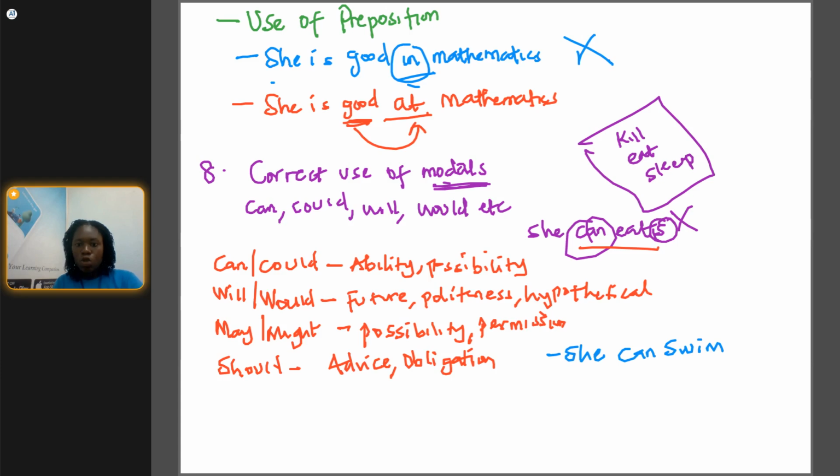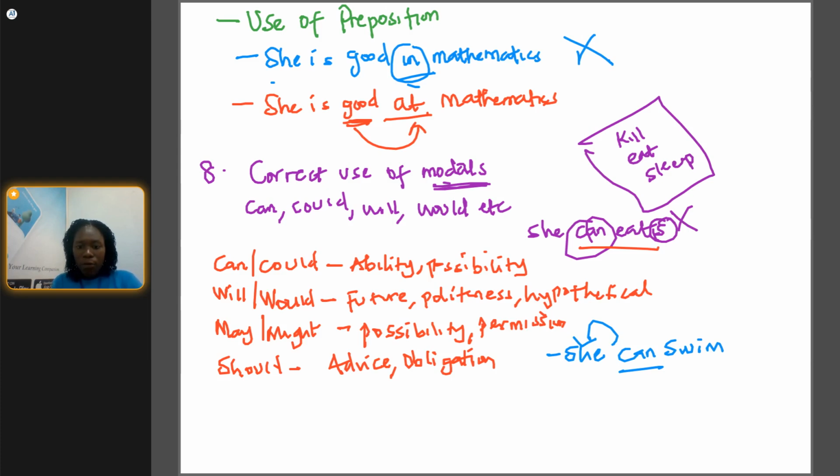Can here is helping us reveal the ability of this lady, showing us what she can do. It's talking about the present. We're not talking about the past now. We're talking about a present ability of this young lady.